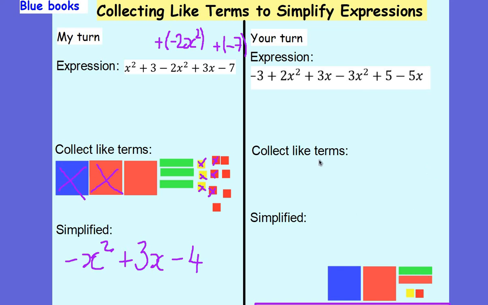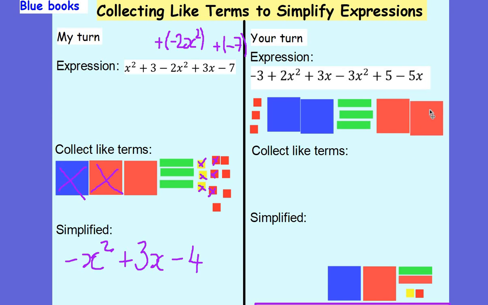Right, let's go through the answer. This time, I start with negative 3. I add on my 2x squared. I add on my 3x. I then need to add on negative 3x squared. So 3 big red ones.